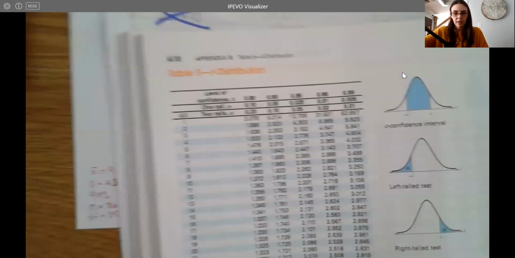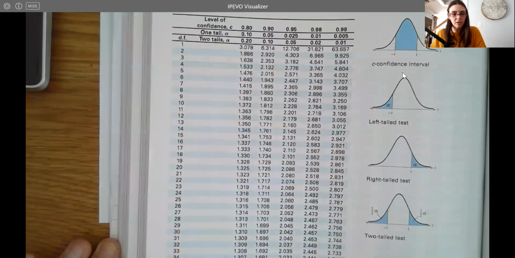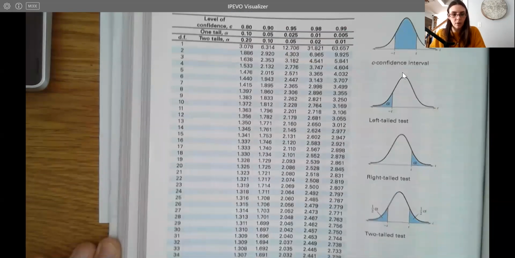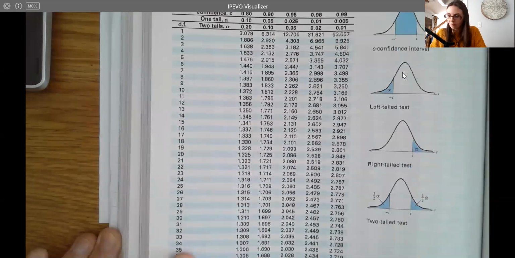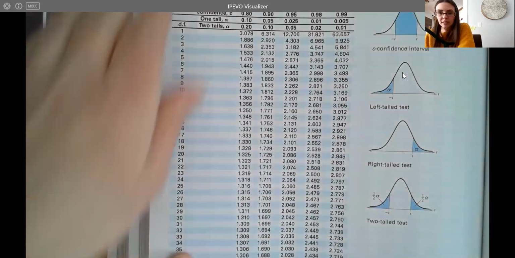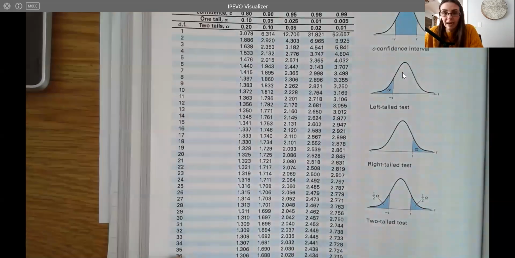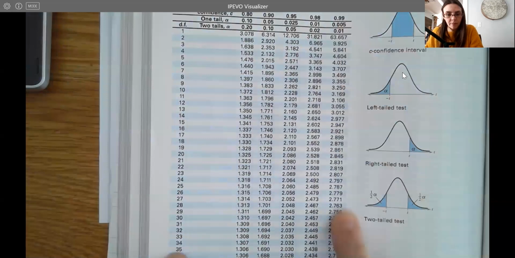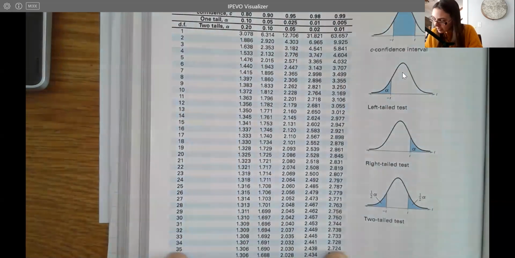So we're looking at 35, which I do have 35. Let me just go down a little bit more. So there's the 35, and we are doing 99%. So I'm over here at 99, and I'm just going to match those up. And I do see it's 2.724. So that's going to be my critical T value here.